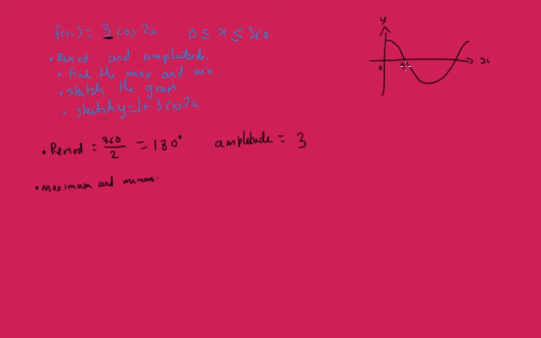That's 0, there's 90, 180, 270 and 360. So our period is going to be half of this.